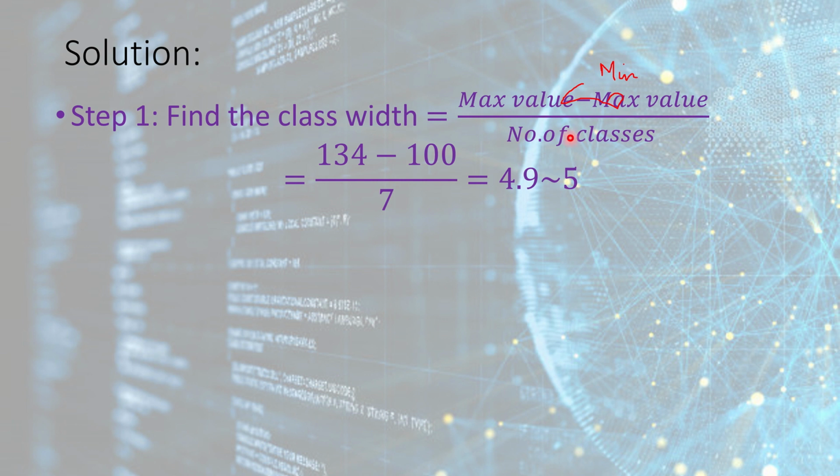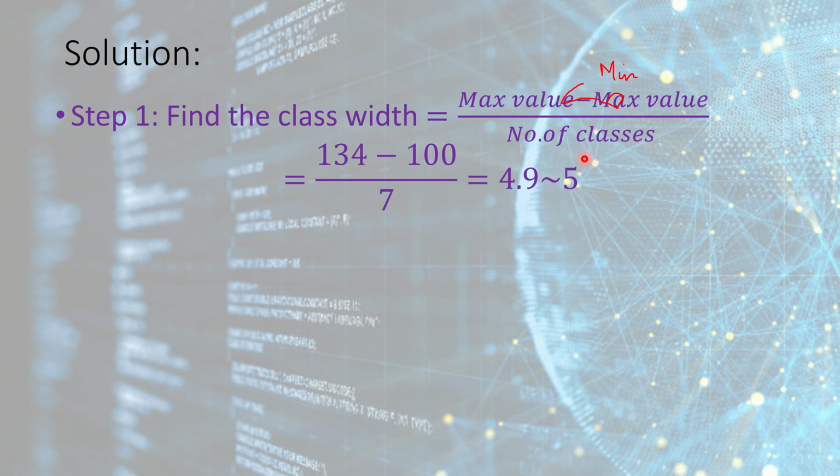Okay, so the maximum value minus the minimum value divided by the number of classes. So we are interested to have 7 classes, so that must be divided by 7. The 34 divided by 7, which is 4.9, and then we simply approximate that by 5.